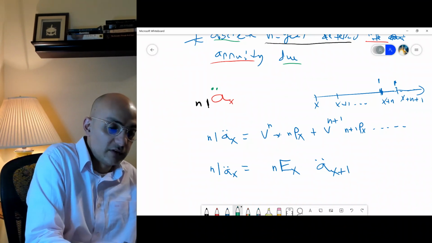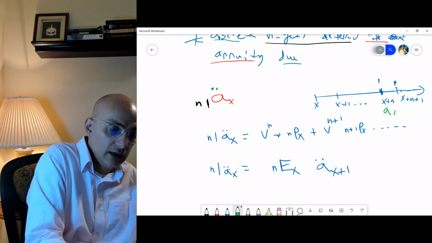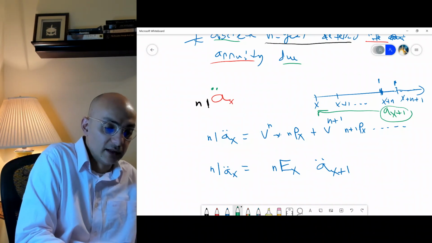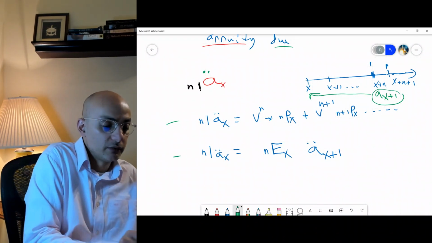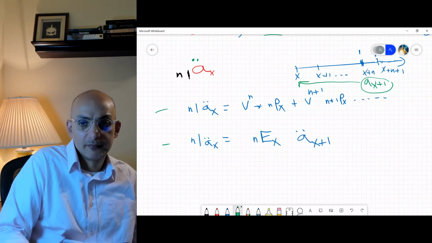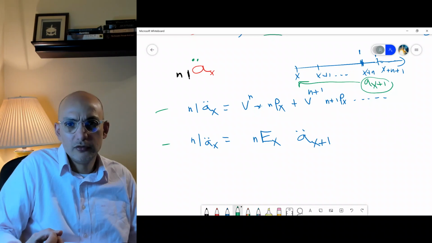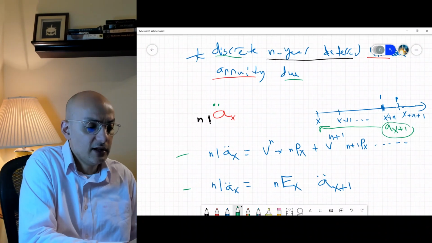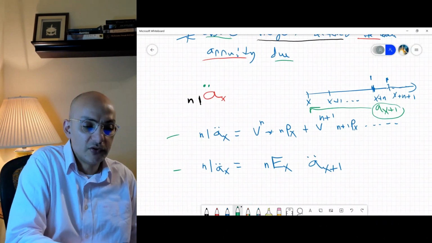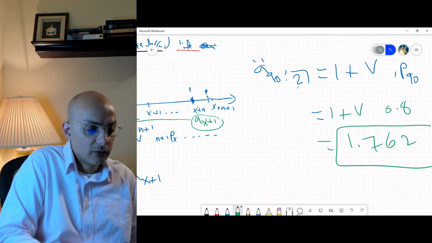So simply what we're saying here, you get ax plus 1 here, and the whole thing you bring it back here. How do you bring it back? You need the actuarial term, right? So either one of these can work, right? Simple. You don't need to memorize. If you know the terms, you can quickly translate what the question is, and then you can compute directly. Let's go back to our friend, the example here.